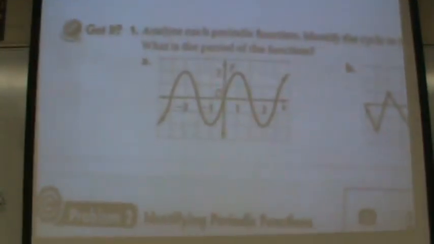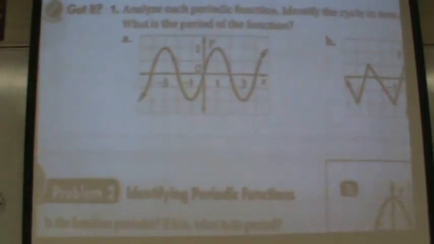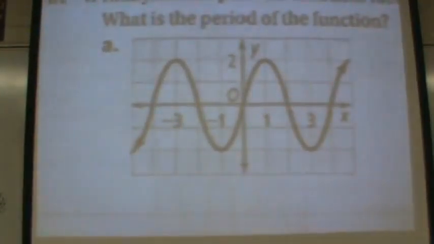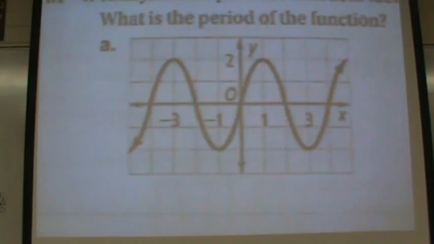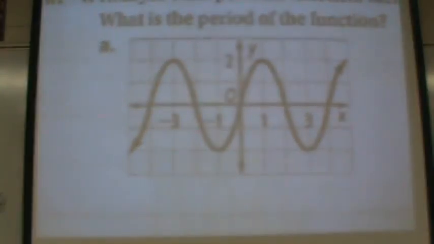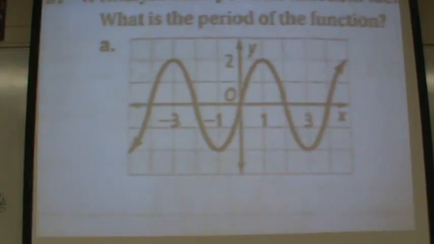I want you to look at these 2 examples carefully. This is a periodic function. Can you tell me the length of one full cycle? How can you tell me what the length of one full cycle is? Well, every single one of you is going to pick a different start spot, right?